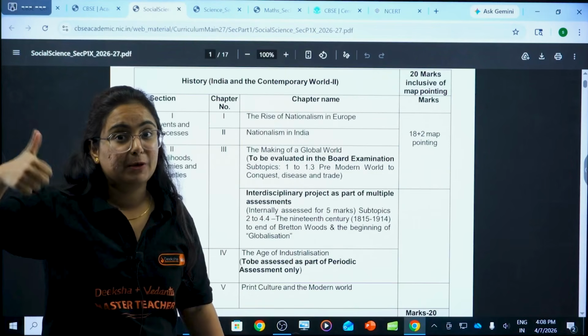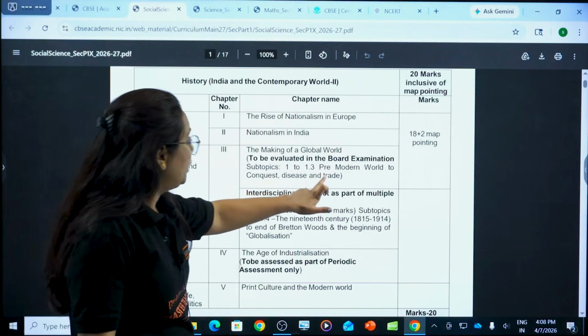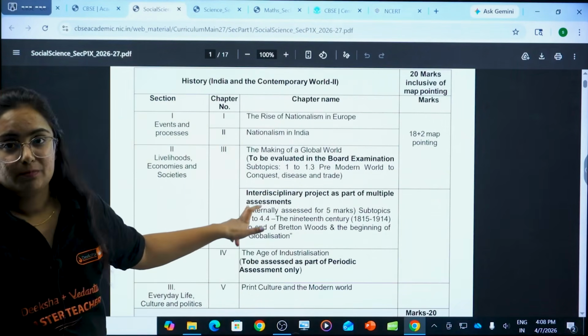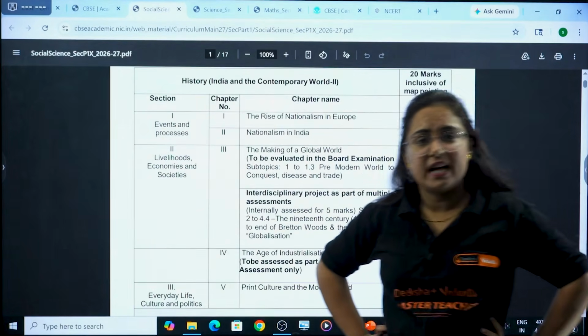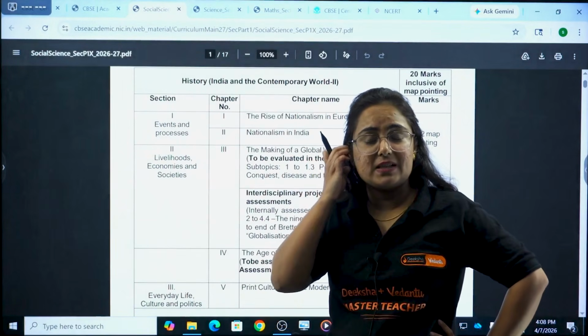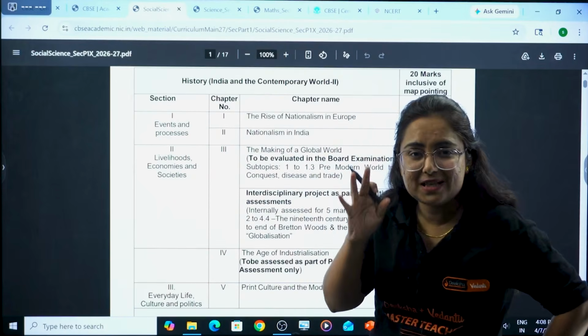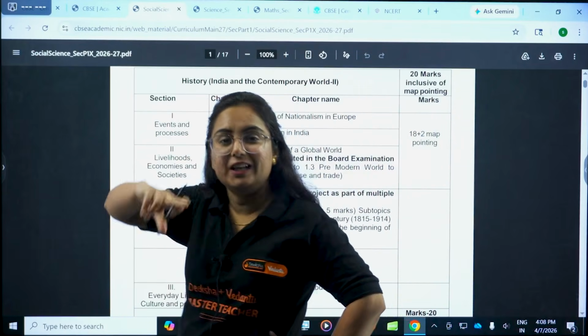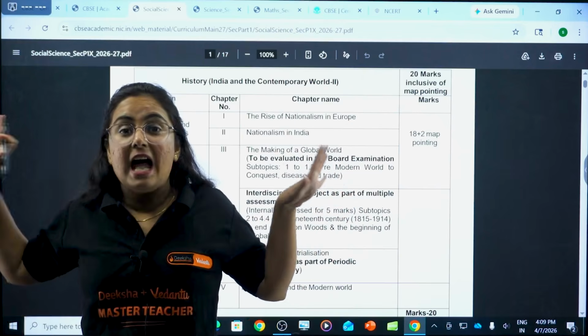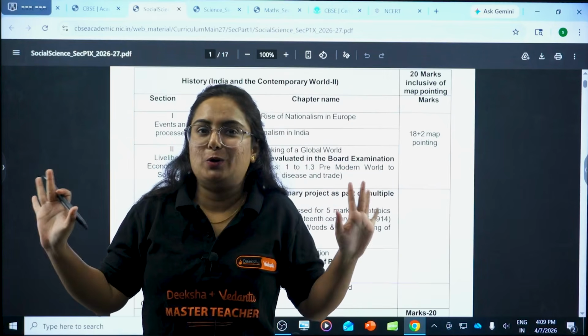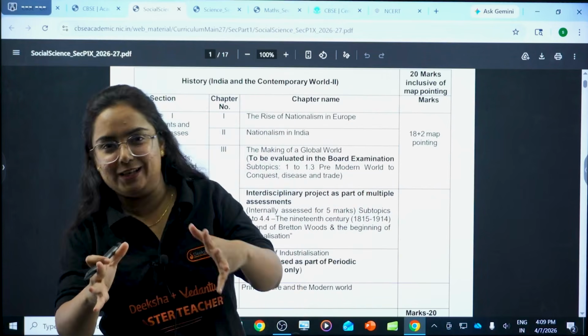Again I'm repeating, 1.1, 1.2, 1.3. Now you might be thinking, ma'am, why have these people given so much benefit to us? Basically, to reduce the burden during the COVID time, the syllabus was reduced and it has continued up till now. And I know that this will be the last year it is going to be continued. So you are the lucky ones.